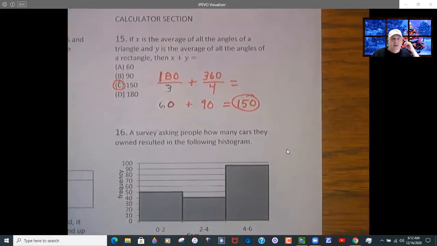Okay, if x is the average of all the angles in a triangle, and y is the average of all the angles in a rectangle, so 60 plus 90 is 150.